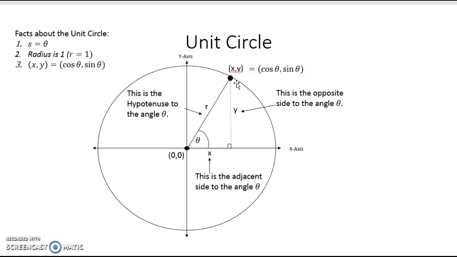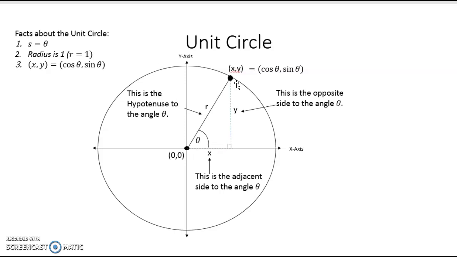Now if we look at this, what we're trying to do is get points on the unit circle, or we're using those to find out angles. Like sine of 0, what is that? Or sine of 60 or cosine of 60.